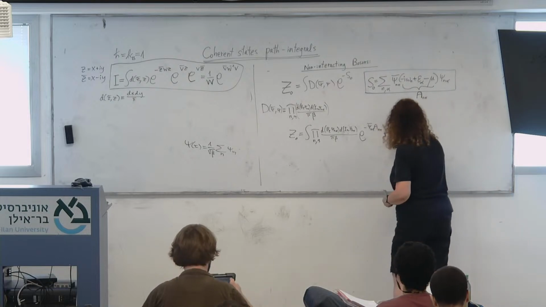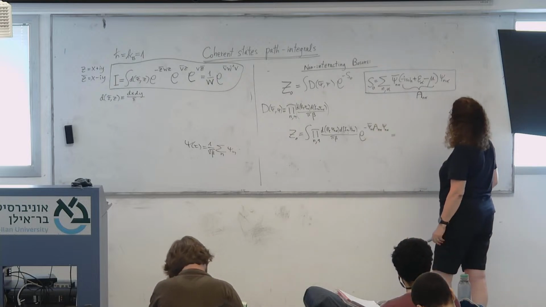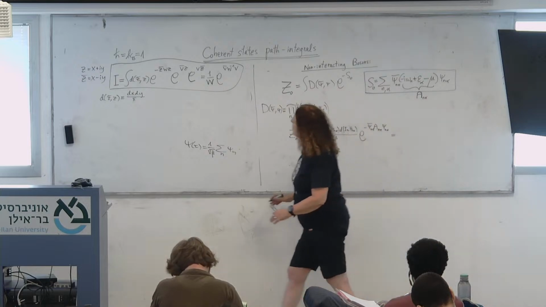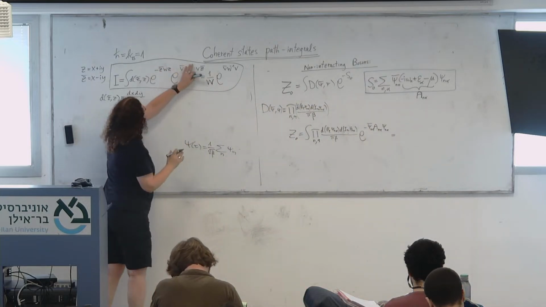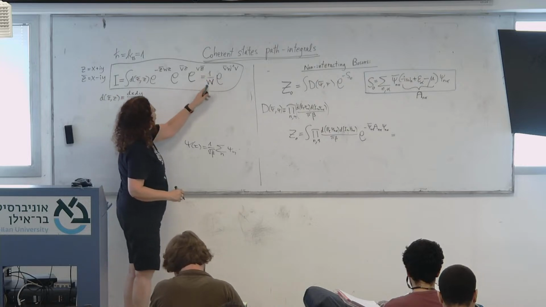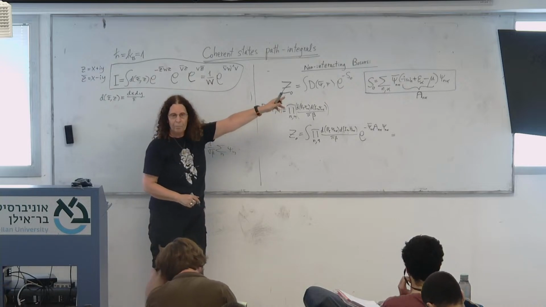And the answer is, because it's just a Gaussian integral without the linear part, each of them will give me a factor of 1 over w. In our case, the w is just this a.